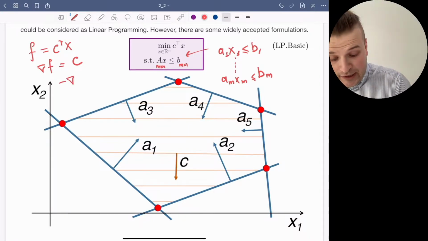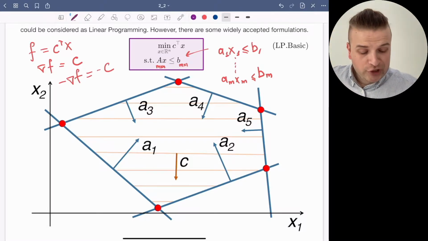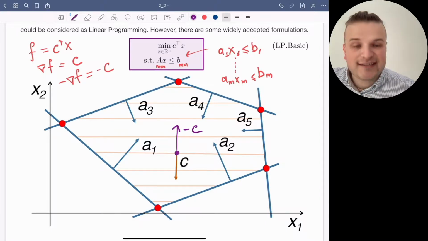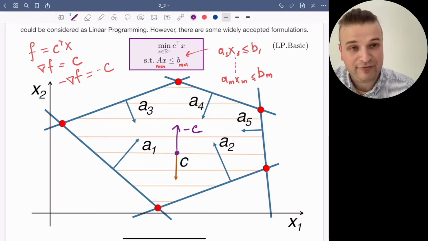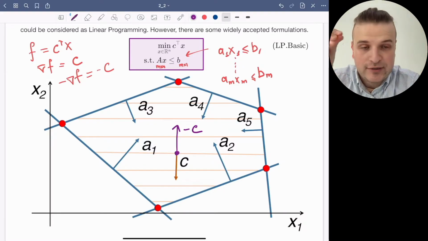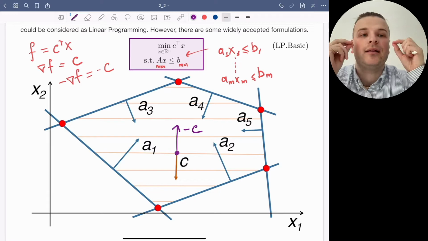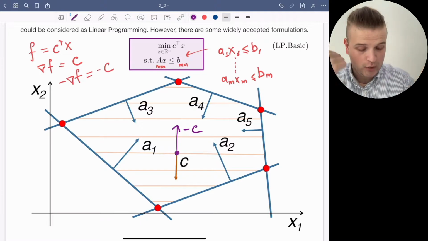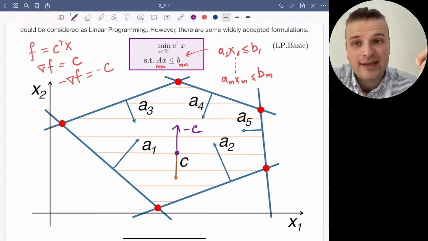And the anti-gradient, or minus gradient, of our function is the minus c vector, which literally means that if I have vector c and the corresponding minus c vector here, and I go in the direction of minus gradient, or anti-gradient, I'll go in the direction of steepest descent of our function, which means that going in this direction will decrease my function.